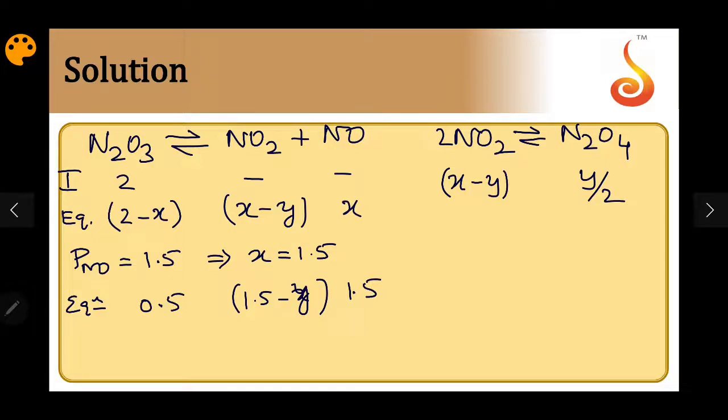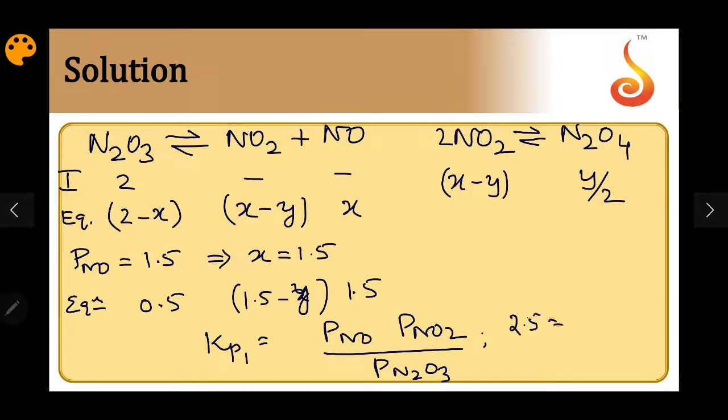So I know Kp1 is 2.5. What is Kp1? Partial pressure of NO times partial pressure of NO2 by partial pressure of N2O3. So 2.5 is equal to 1.5 into (1.5 minus y) divided by 0.5.